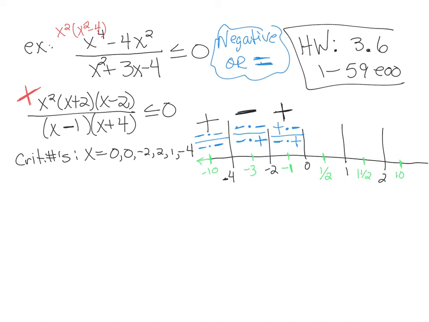Every time you pass through a 0, your sign changes, except for this one. This is the critical value that made this factor equal 0, but it's squared, so it's going to be positive on both sides. Nothing else is going to change. Let's show that.